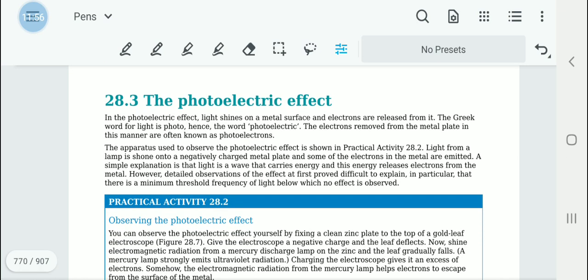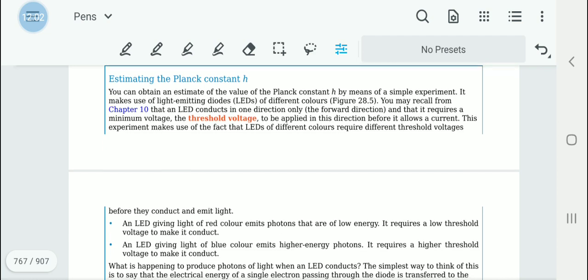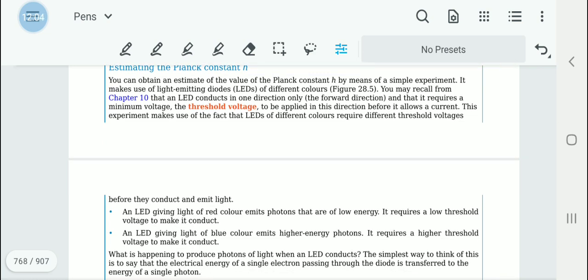Then we will have to do question number 9, but before that write down a note. To estimate the Planck constant h, we use LEDs, which allow electricity only in one direction, and it requires a minimum voltage, within brackets the threshold voltage, before it allows a current to pass through.